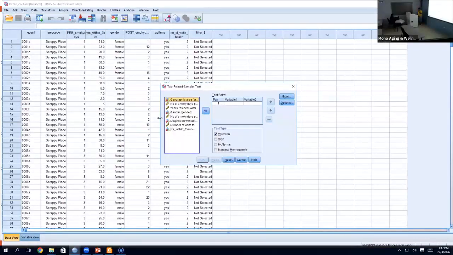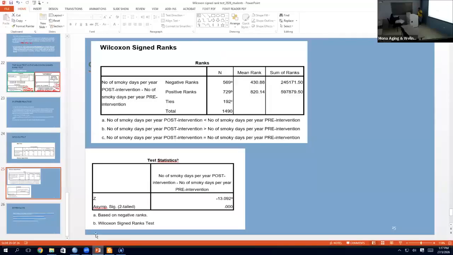and our handout has post-intervention minus pre-intervention. So it means that we want post-intervention to be variable 2.